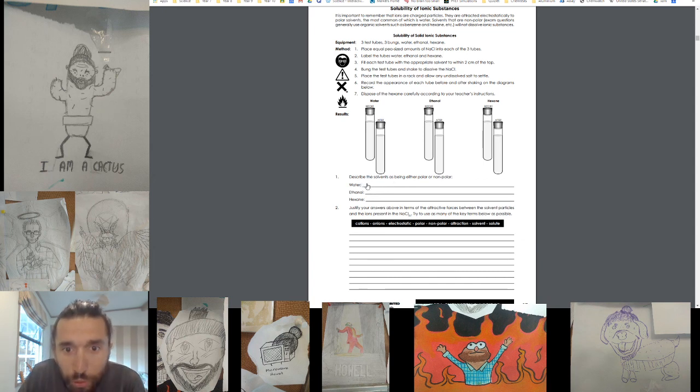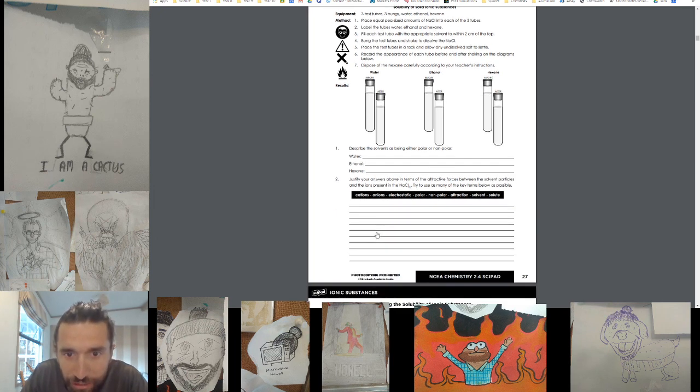Let me tell you, water is 100% polar. Hexane is non-polar. Ethanol, we're going to call it polar, but really it's a lot less polar than water, but it's still polar. So polar, polar, non-polar, then try to answer these questions underneath.